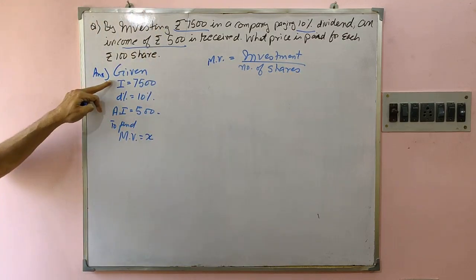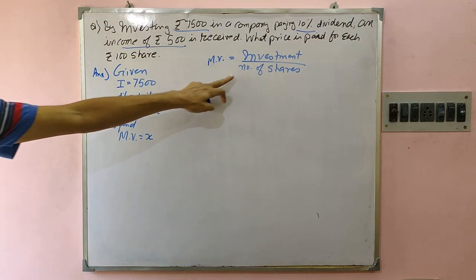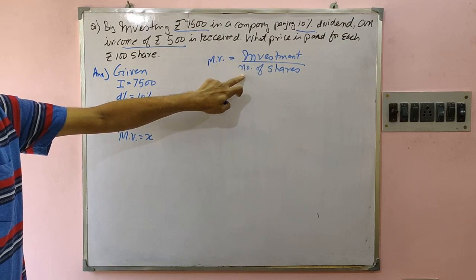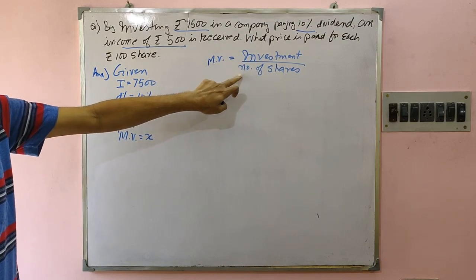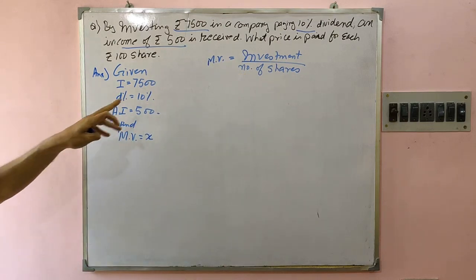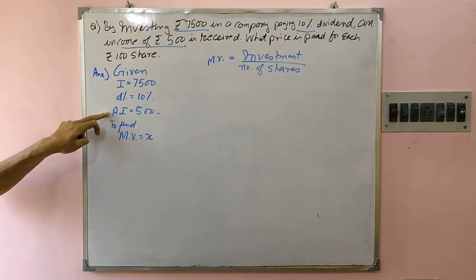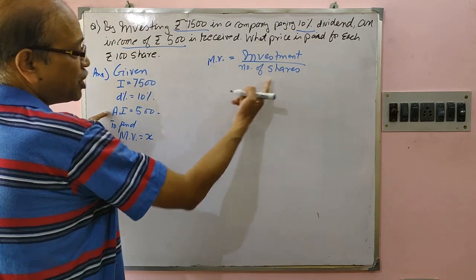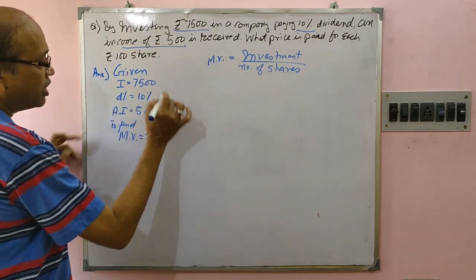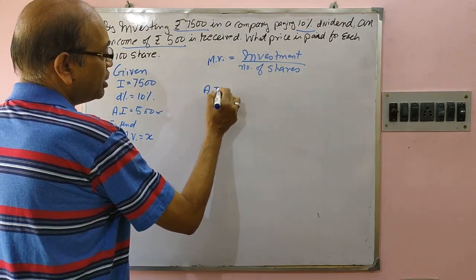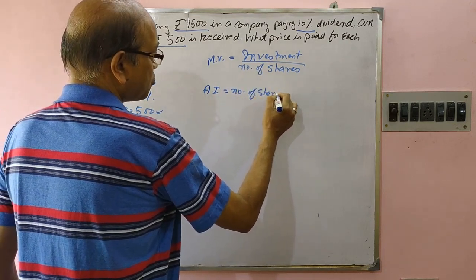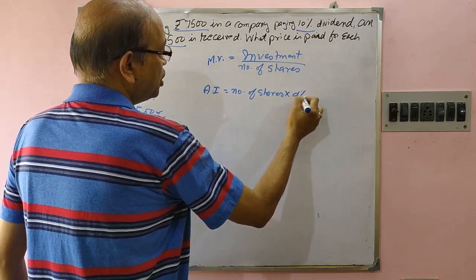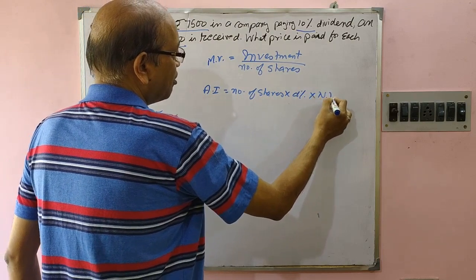Here I have the investment, but I do not have the number of shares. That means first we have to find the number of shares. Number of shares can be found out from this annual income. We know annual income is number of shares into D% into nominal value.